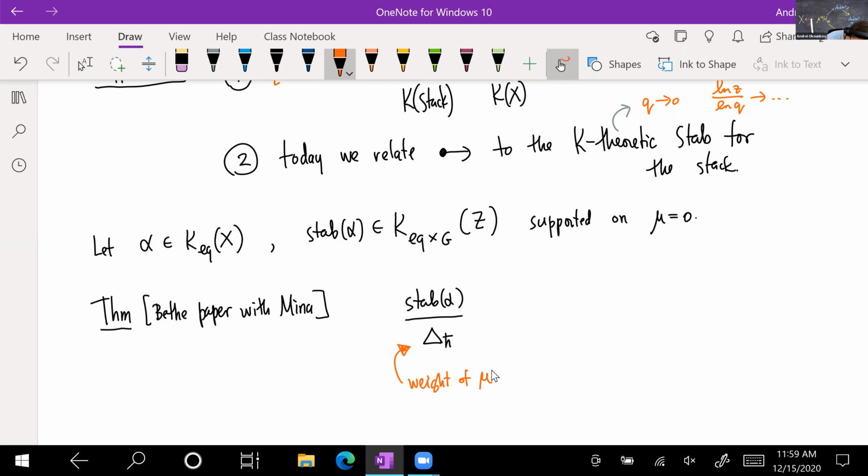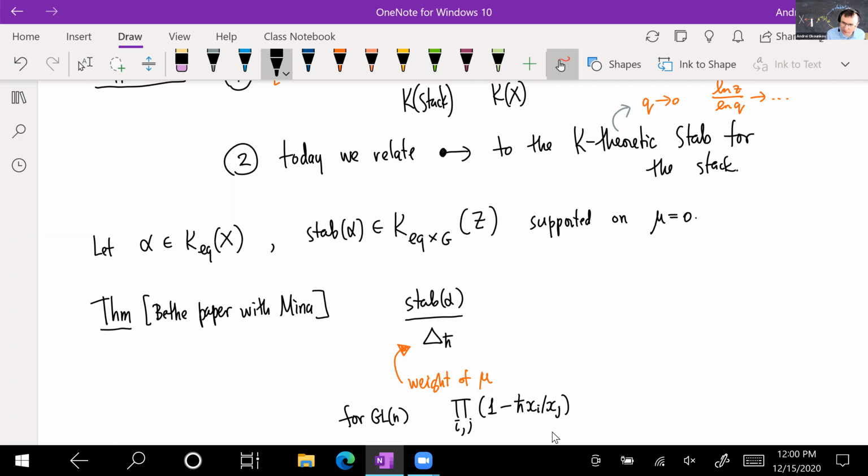Concretely, for GLN, this weight would be a product over i and j, all of them, of 1 minus h bar times xi over xj.